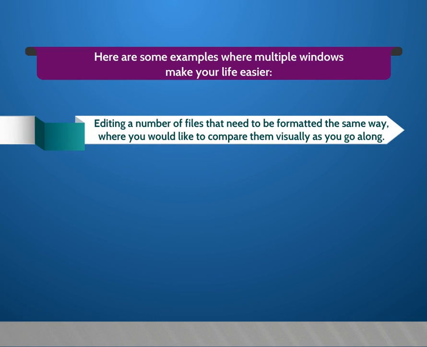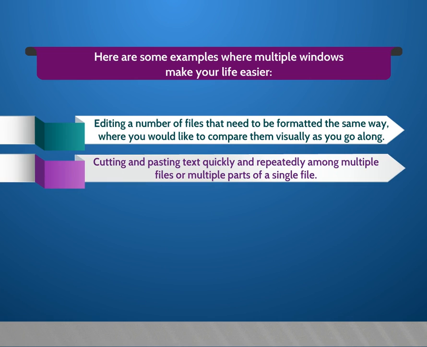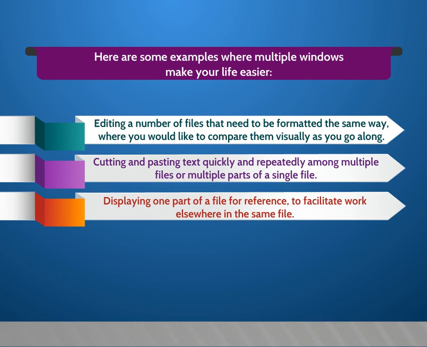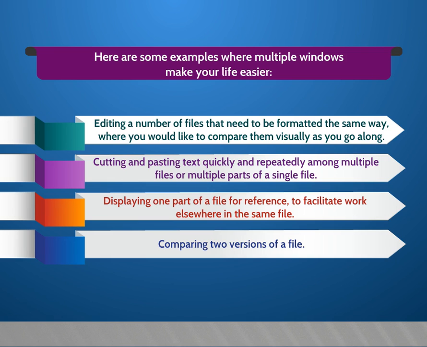Editing a number of files that need to be formatted the same way, where you would like to compare them visually as you go along. Cutting and pasting text quickly and repeatedly among multiple files or multiple parts of a single file. Displaying one part of a file for reference to facilitate work elsewhere in the same file. Comparing two versions of a file.